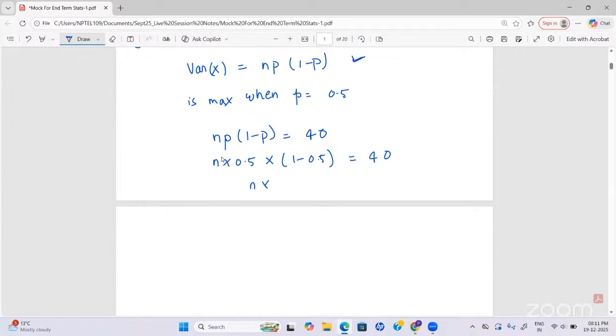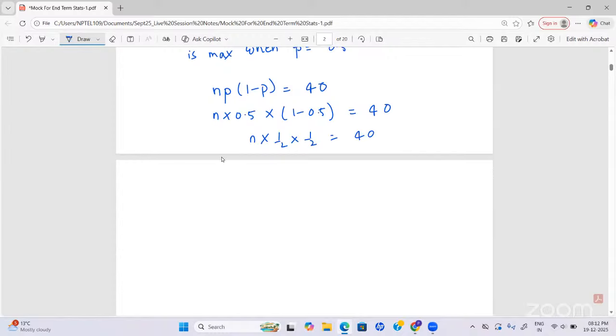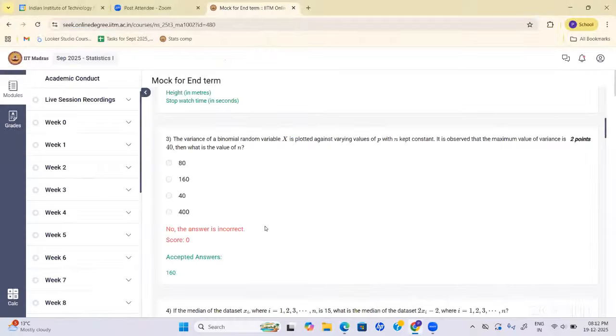So n into 1 by 2, and this will also be 1 by 2, and this is 40. So what will be the value of n from here? 160. Is this question clear to everyone? Yes, ma'am.